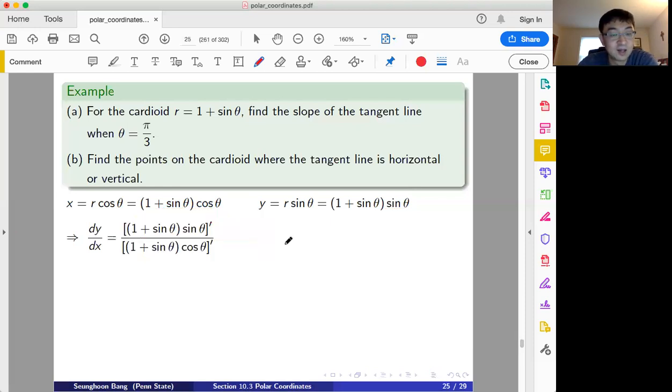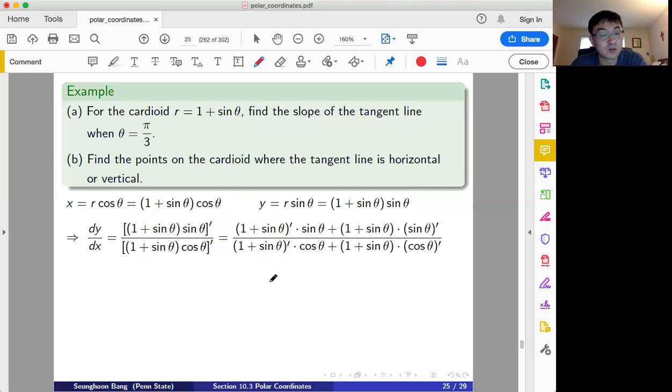The next step is the product rule. So (1 plus sine theta)' times sine theta plus (1 plus sine theta) times (sine theta)'. We can use the product rule. The bottom one is similar, we can use the product rule. So what is (1 plus sine theta)'?